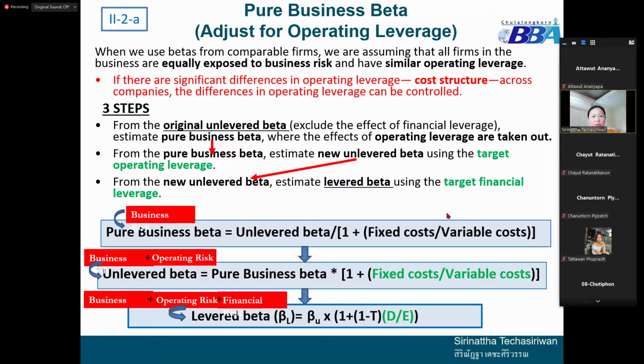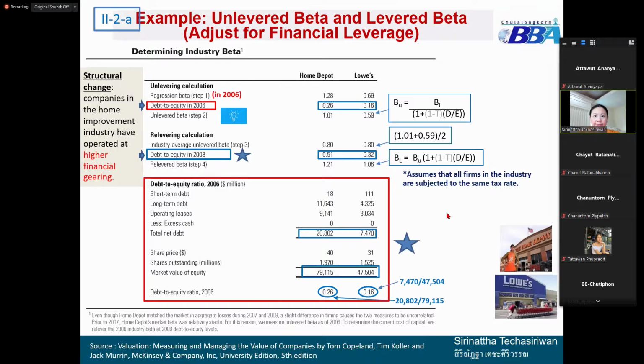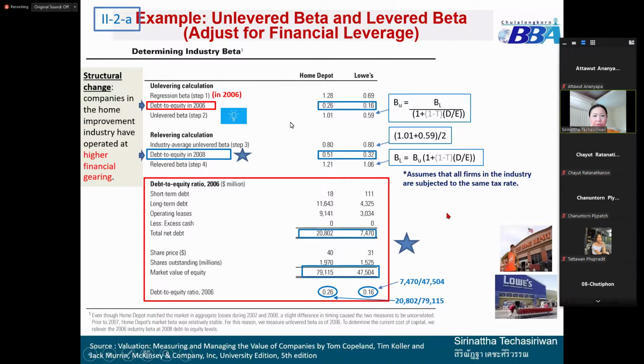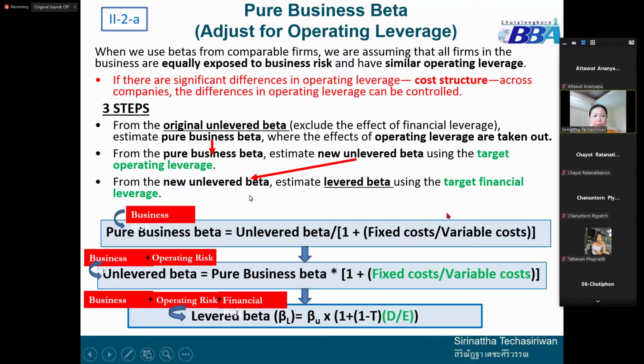So if you want to take into consideration the difference in operating leverage as well, you start from the unlevered beta. After you take out the difference in financial risk, you have the unlevered beta.